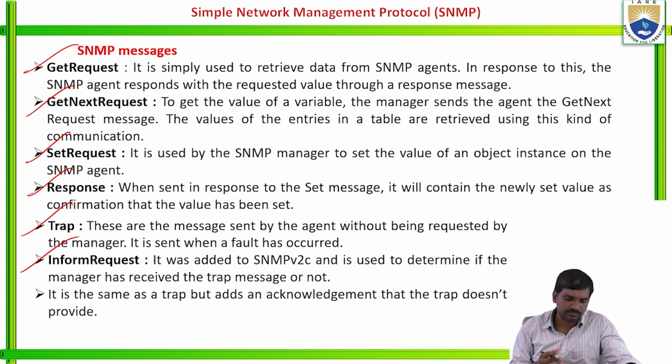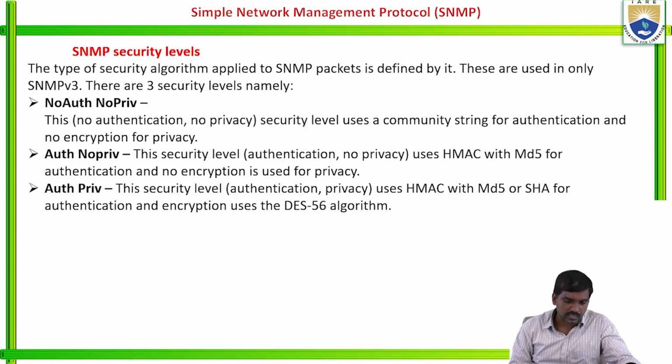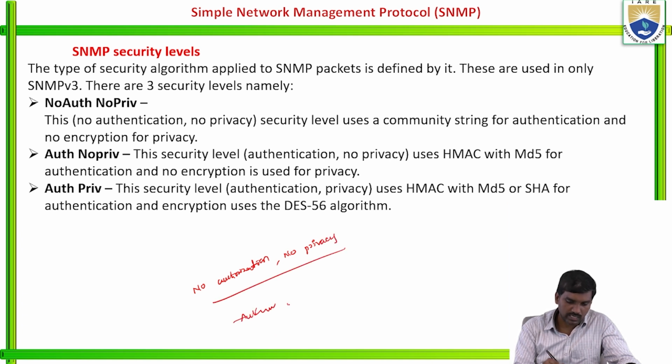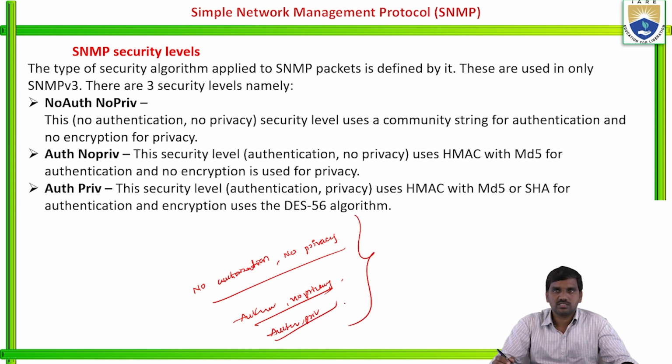And we have security levels here. There are three types of security levels: no authorization and no privacy, authorization and no privacy, and authorization and privacy. So these are the three types of security levels provided by SNMP.